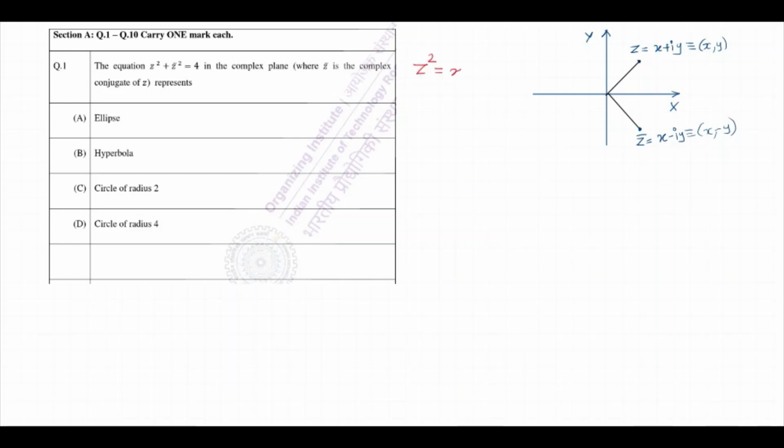X plus iy the whole square is x square plus i into 2xy minus y square. What is z bar square? It is x minus iy the whole square. It is x square minus 2i xy minus y square.